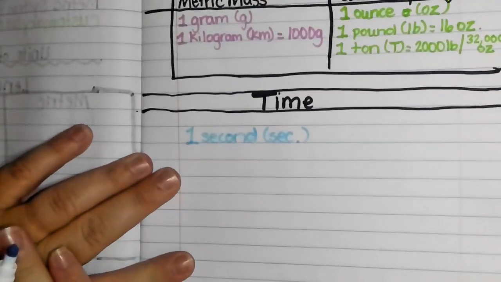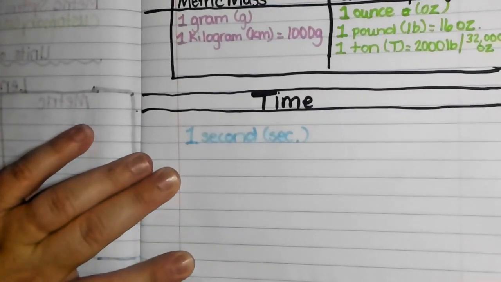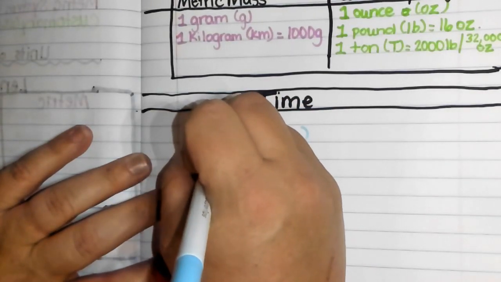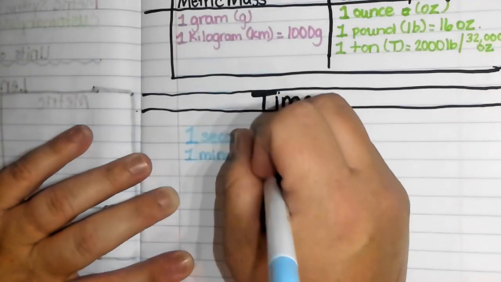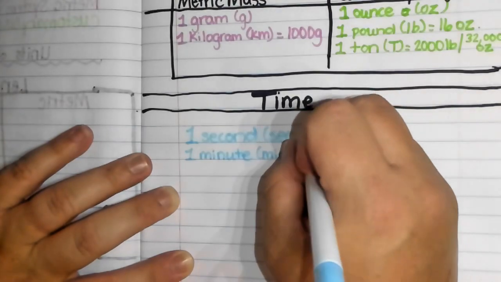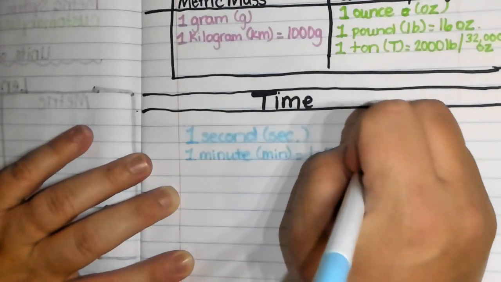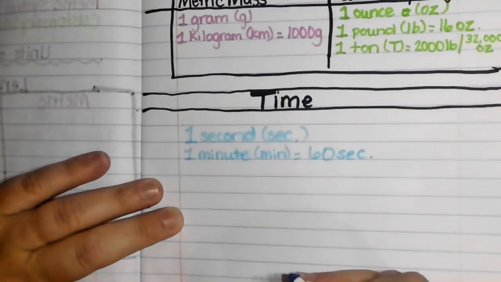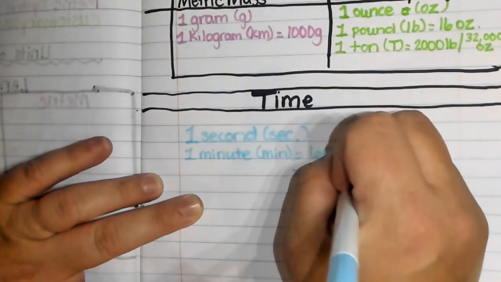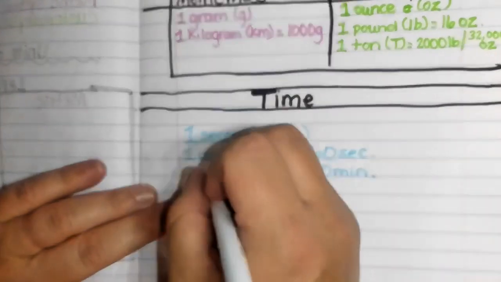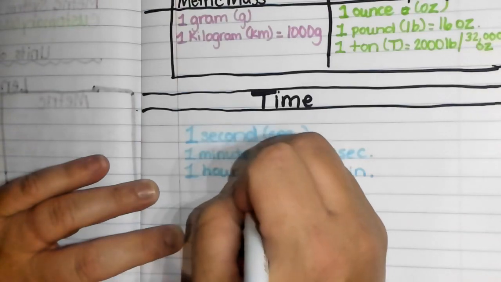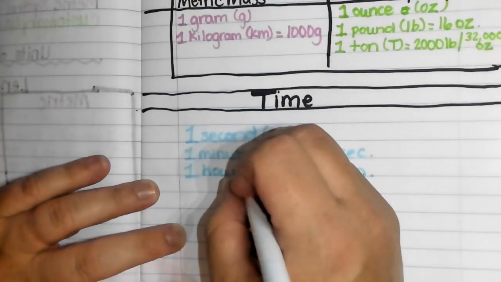Okay? Now, next up, if you have 60 seconds, you have 1 minute. Minute is abbreviated MIN, and that equals 60. It's the same as 60 seconds. If you have 60 minutes, you have the equivalency of 1 hour. Hour is abbreviated HR.